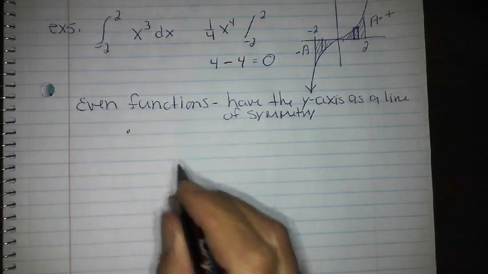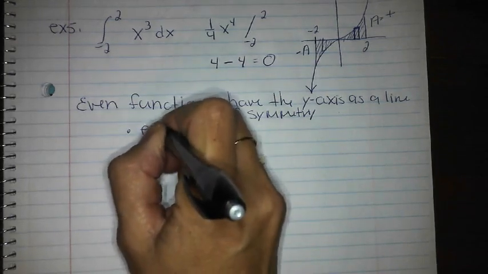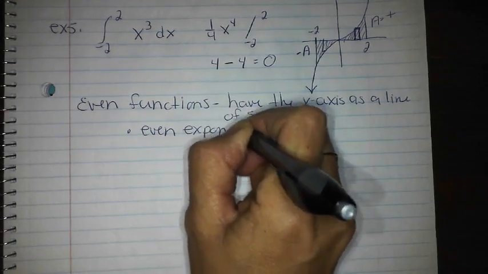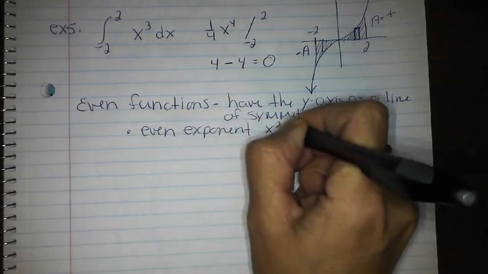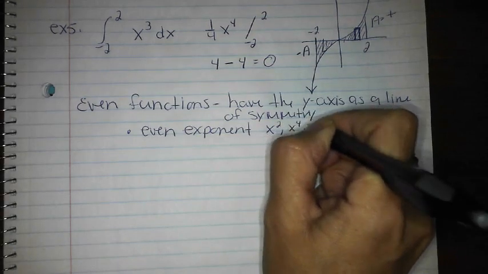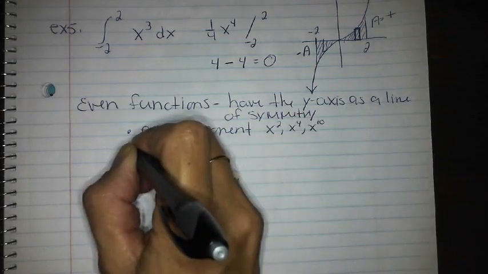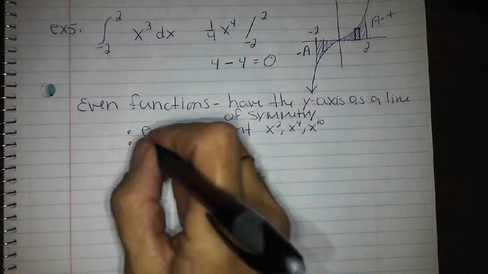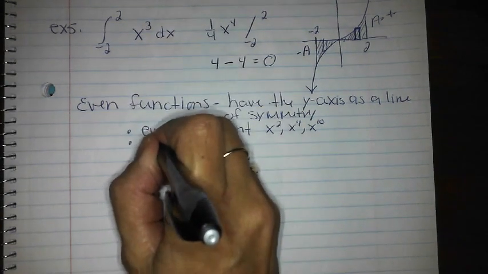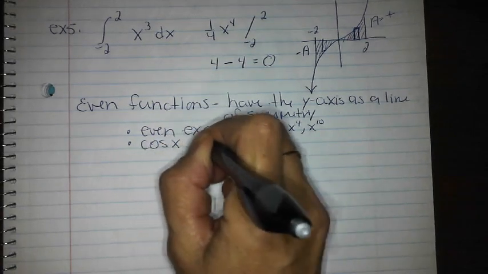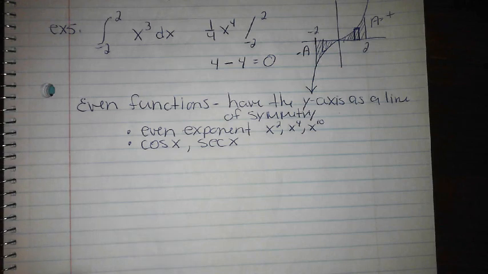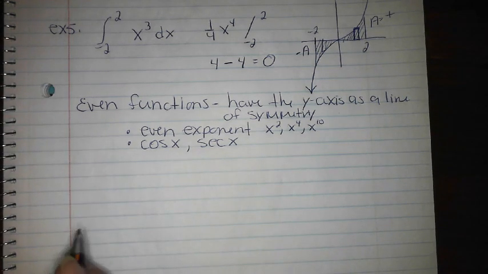So you can tell they're even when they have an even exponent. X squared, x to the 4th, x to the 10th. And then the trig functions that are even are just the other two, cosine and secant. So let's see what our shortcut's going to be for even functions with symmetrical boundaries.